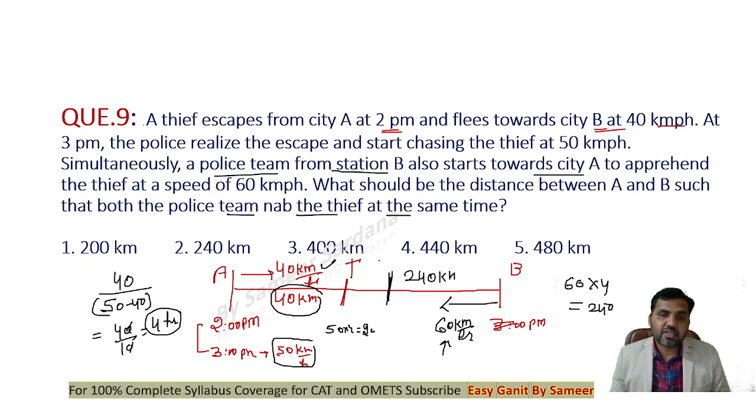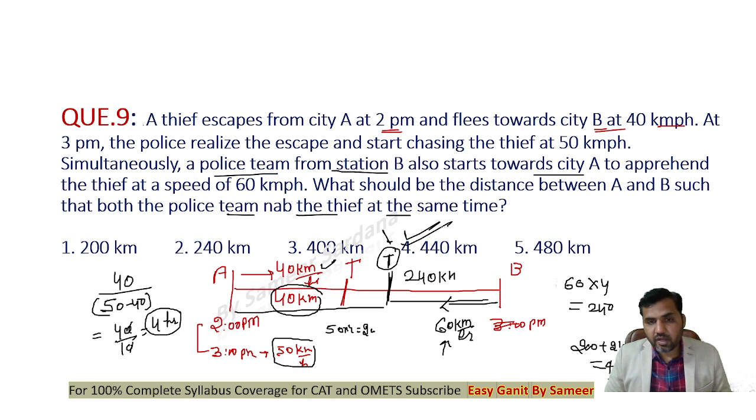So let's say there's a point where they catch the thief. Total distance will be 200 plus 240, that is 440 kilometers. That means the distance between city A and city B will be 440, because both the police coming from A and B travel for 4 hours to catch up with the thief.